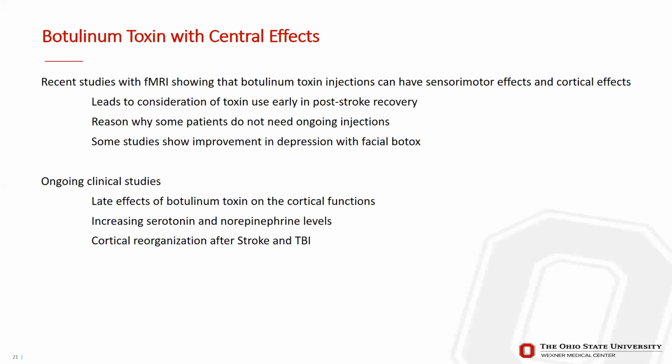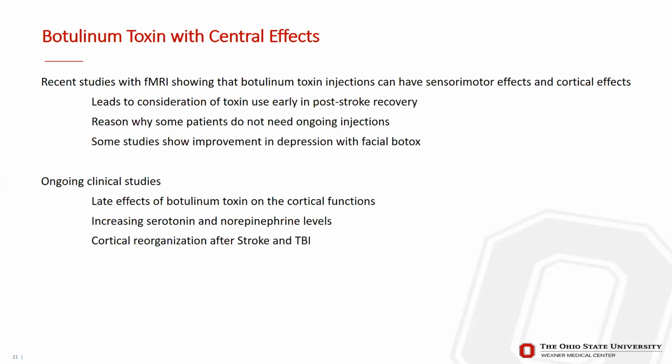There are some recent studies, and I thought this was really interesting, so I'd bring it out to everyone. They were looking at functional MRI after people were getting Botox injections, and they were showing there's a potential for changes in cortical organization with Botox injections after you've been doing it for a while.